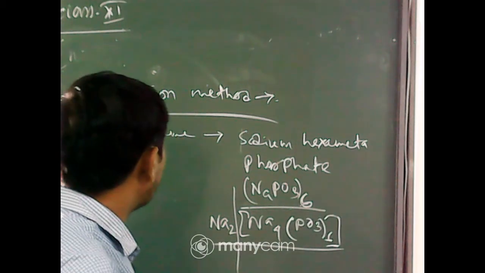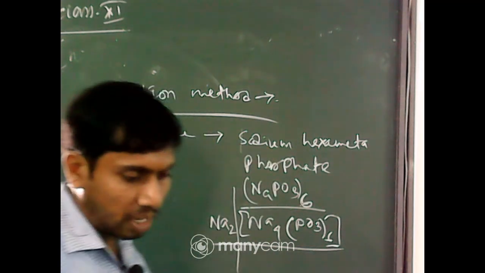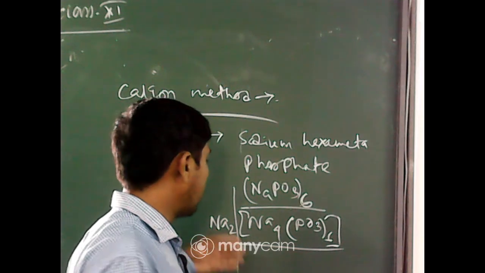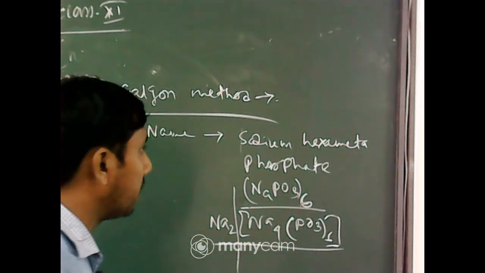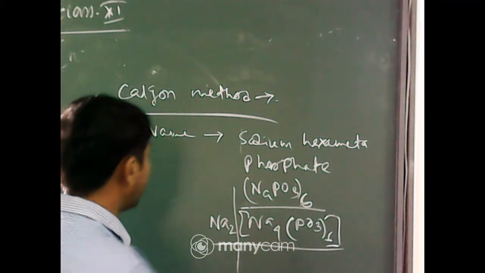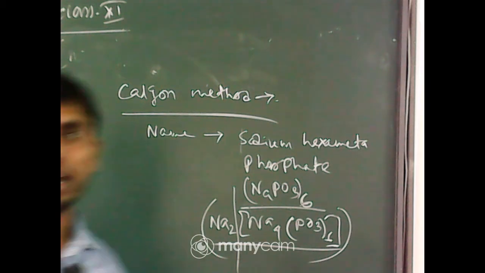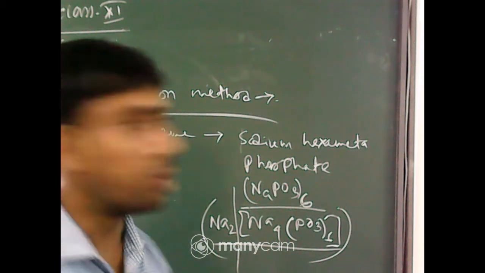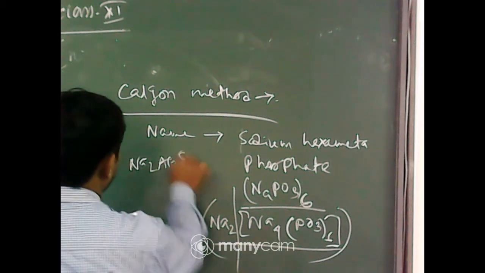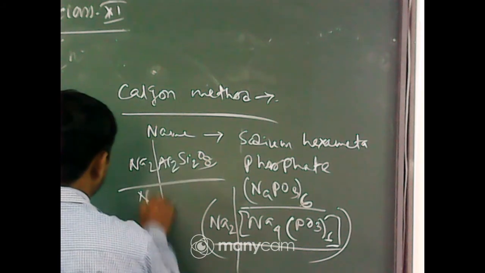So the Calgon method uses sodium hexametaphosphate, with formula NaPO3 whole 6, and the detailed formula is Na2 Na4 PO3 whole 6. Just recap from the earlier concept, it was Na2Z, that is Na2Al2Si2O8.